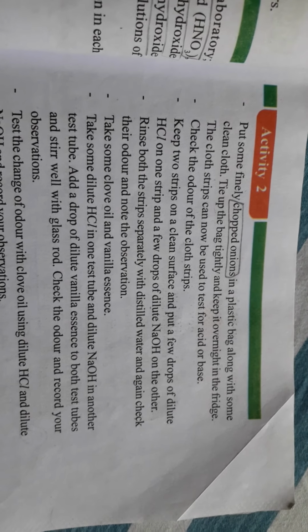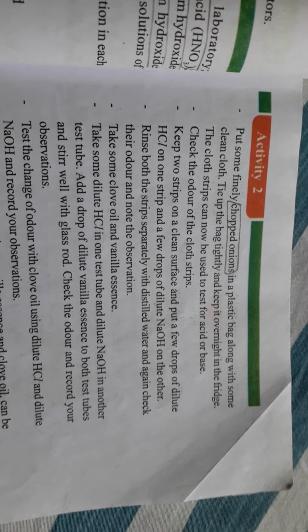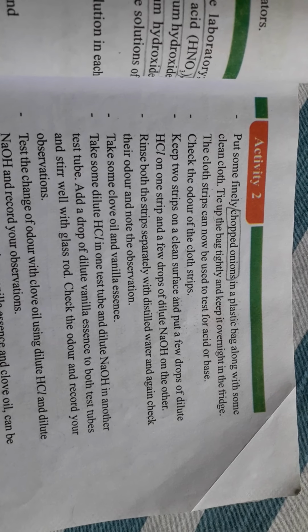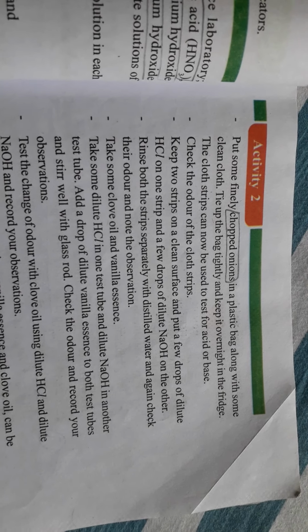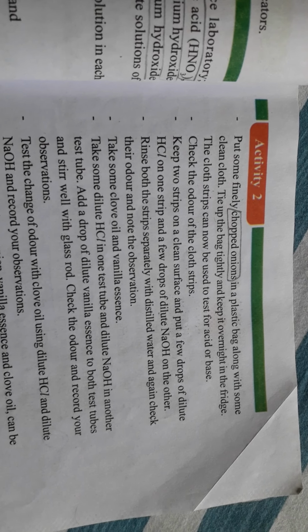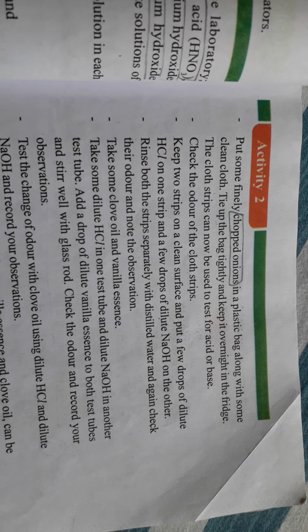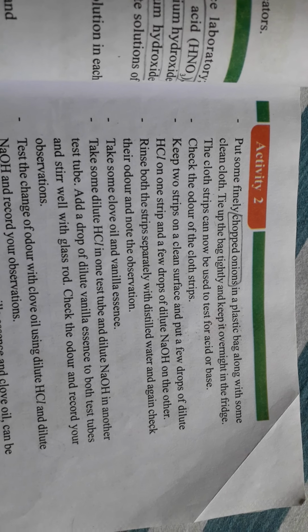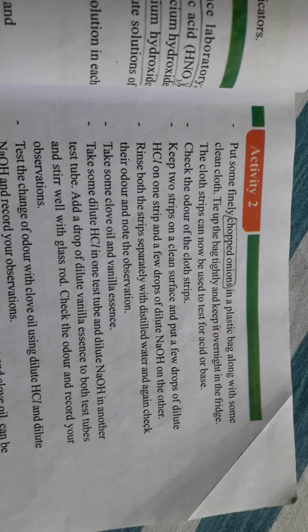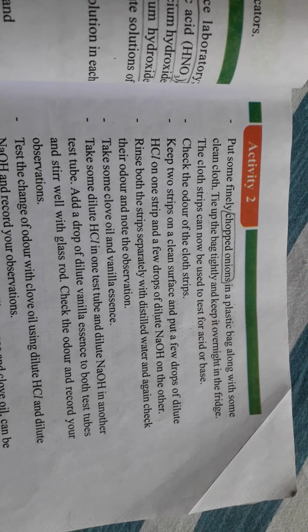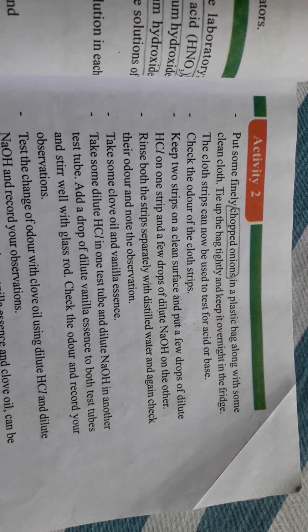And the next activity here is about natural indicators. Okay. So here he's suggesting us to take chopped onions and then take them in a plastic bag along with some clean cloth. So tie up the bag tightly and keep it overnight in the fridge. So whatever odor comes from the onion will now be absorbed by the cloth, right?